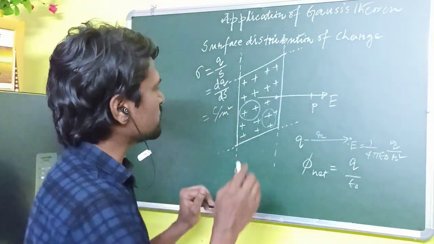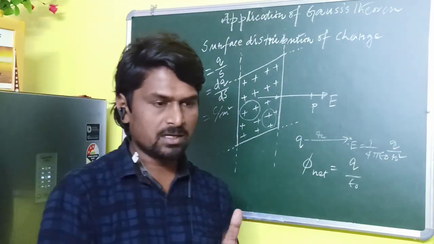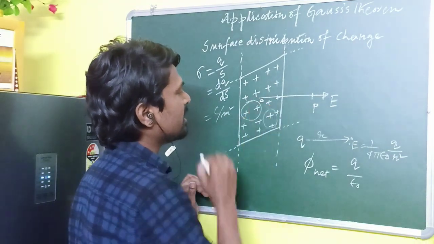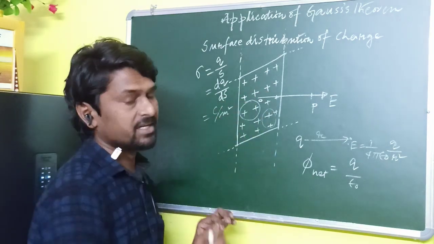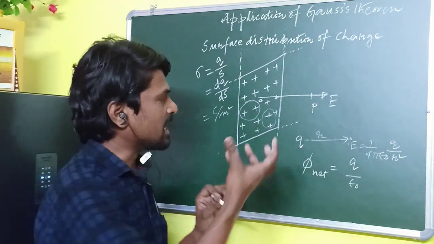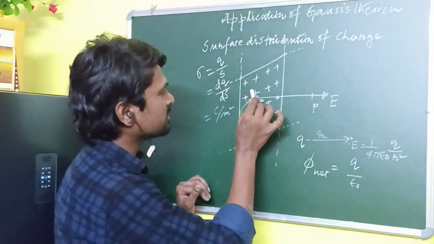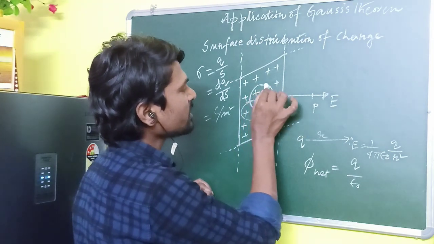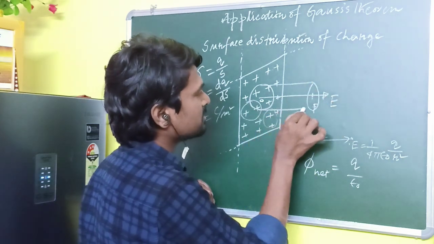Suppose a bed sheet is given and something is put on it, and I ask you to cover it. You can take a glass tumbler and press it over it. Like that, if we want to cover this charge, we use a cylindrical surface.